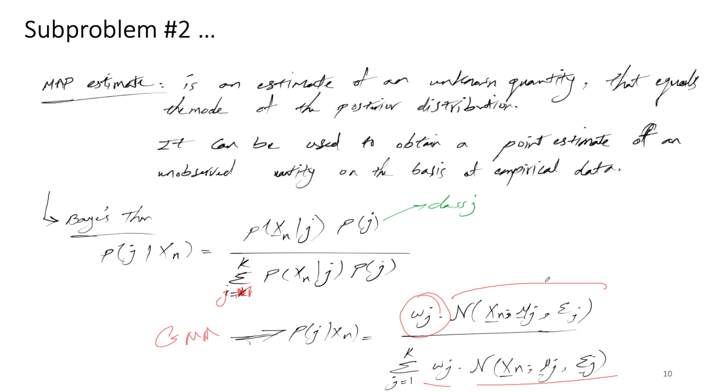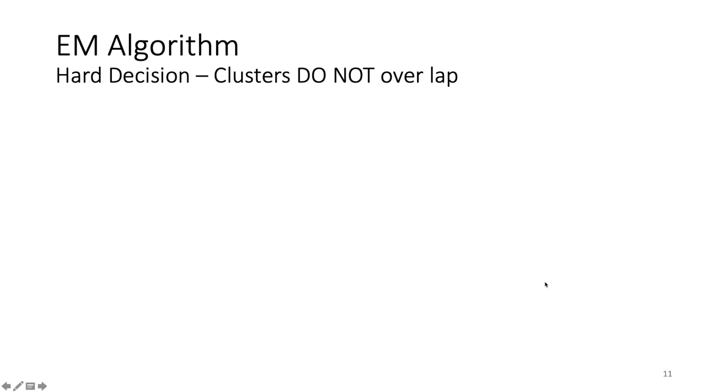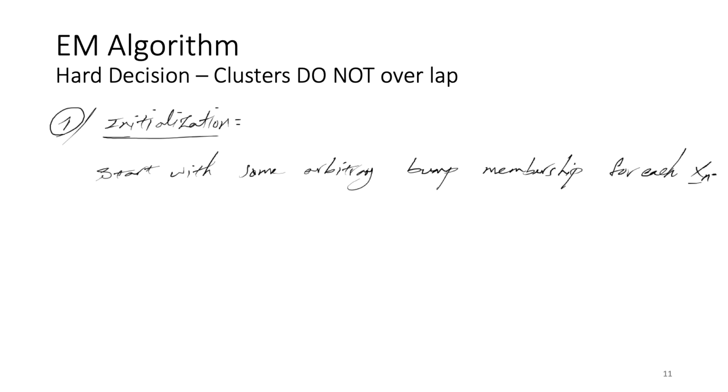All right, so now we finalize this lecture with the EM algorithm, the hard decision or the hard cluster version. And I mentioned that in a hard decision, clusters do not overlap, right? So first we initialize with arbitrary bump membership. So we have data, we want a cluster.